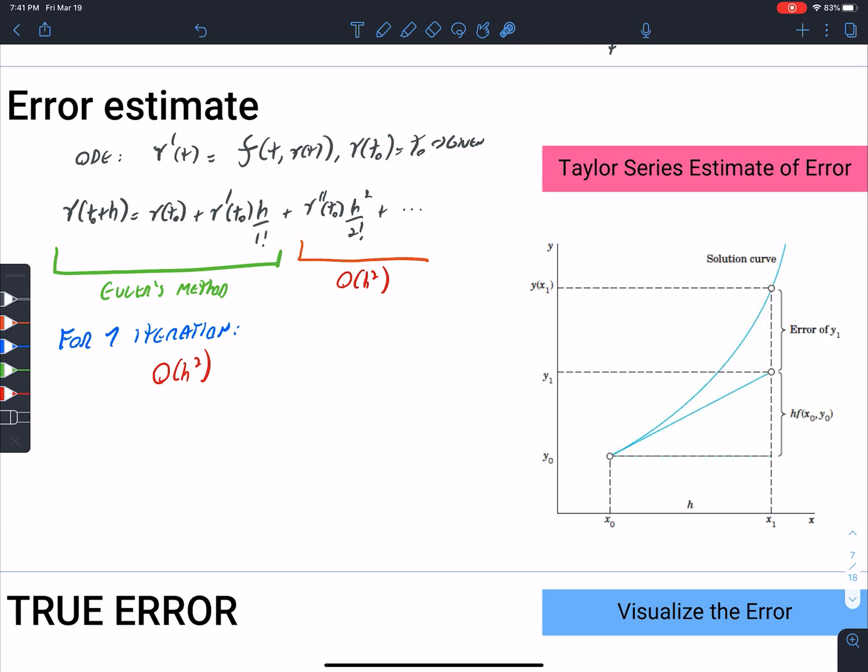We're going to repeat this many times to get all the samples of t that we would like through the entire function, or at least the region where we're interested for that function. So each time we're going to be making an error of order h squared, right? So once you accumulate many errors like that, the global error, the total error, right? Let's call this total. Sometimes it's called the global error.